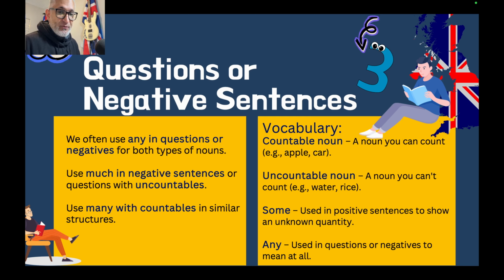So this is why you can call it countable, because you can count, like in number of quantity, in number of units. Let's put it that way, okay? But the uncountable, that is the second example there, the uncountable noun is a noun you can't count. So water and rice.